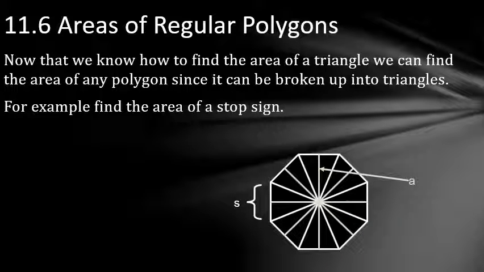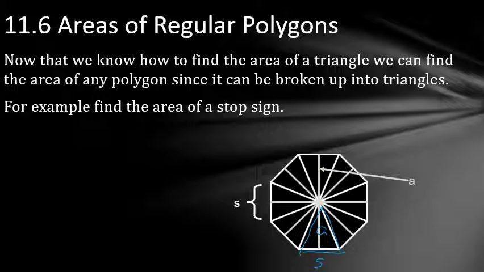I'm going to call the height A for apothem. And the base of each triangle would be the length of a side. So that's S, that's A. If I use 1/2 base times height, 1/2 A times S, I get that triangle.